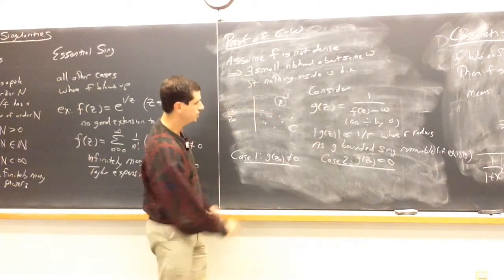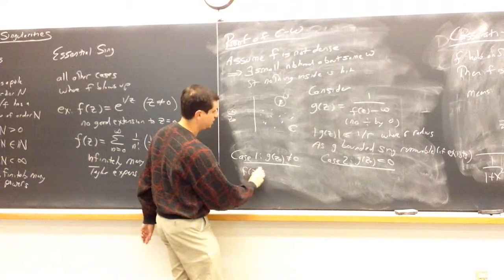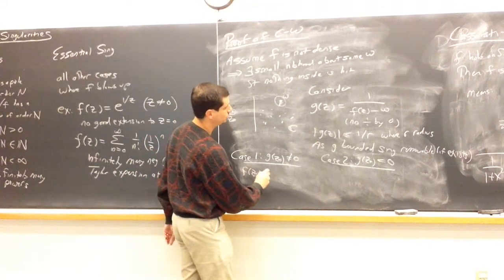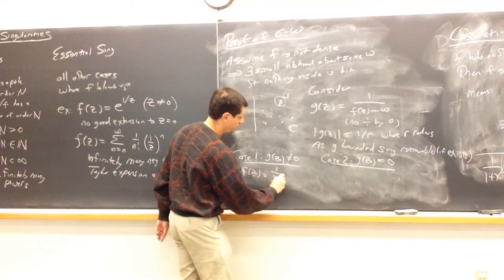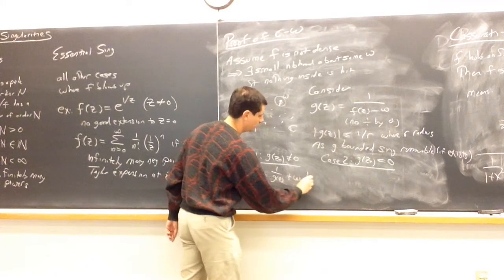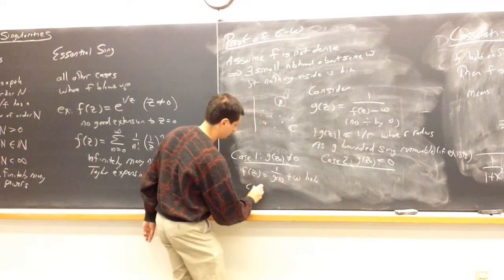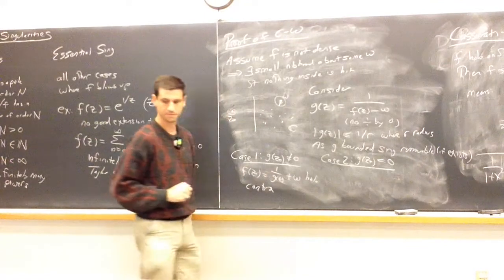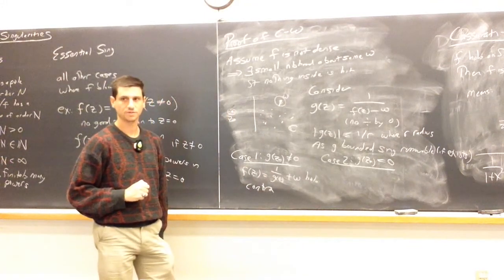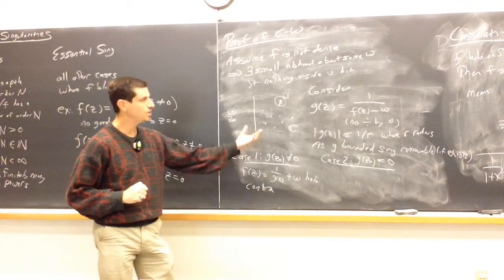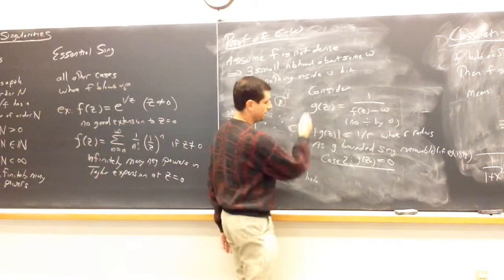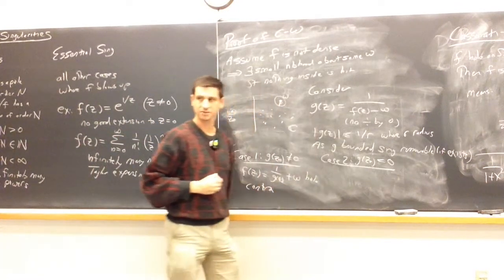Well, if g of z0 is not 0, then f of z equals 1 over g of z plus w is holomorphic. Contradiction. So the only possibility is that g of z0 is 0.